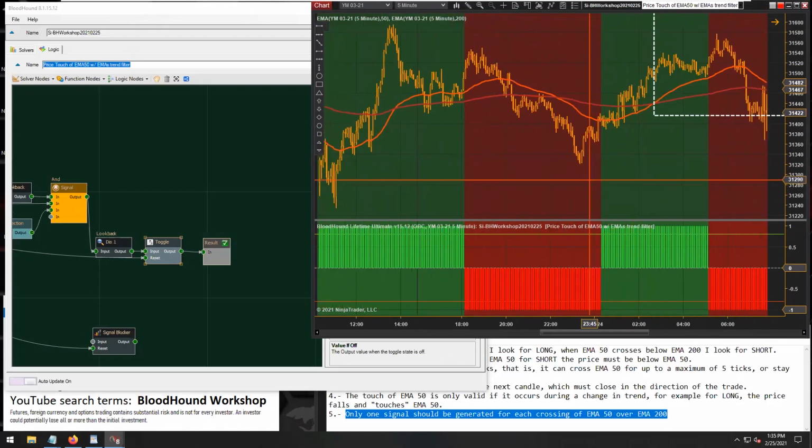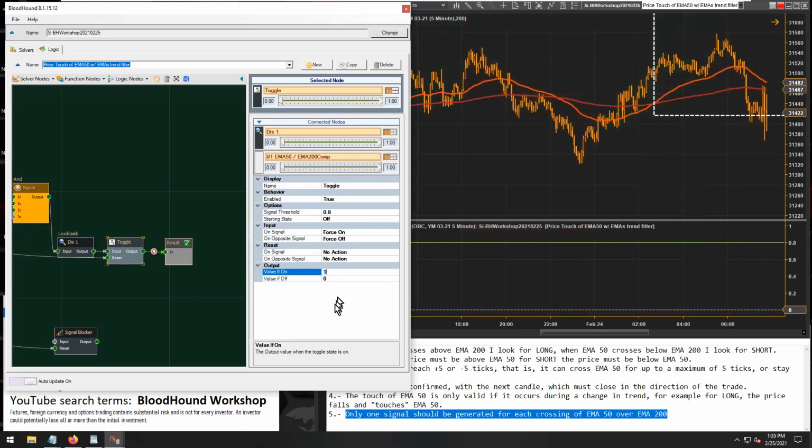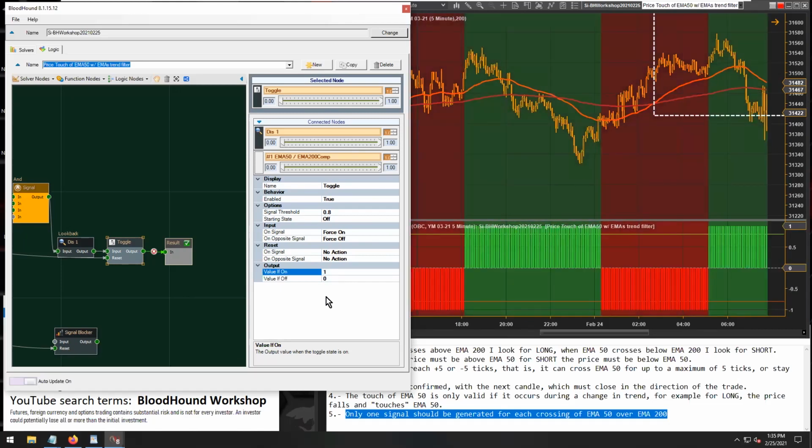There. So we're looking at this toggle node with the output reversed. So we want to know when, well, it's kind of hard to explain without a visual. So let me do it this way, right?